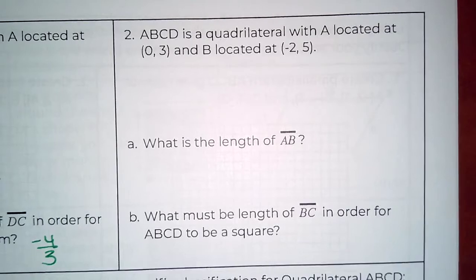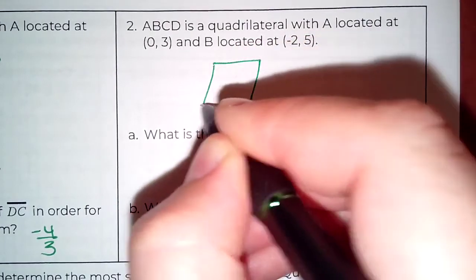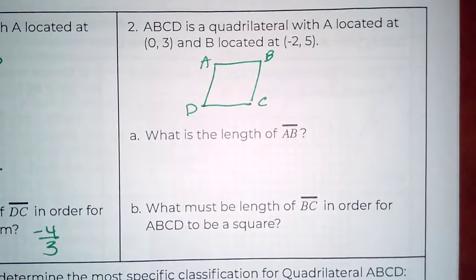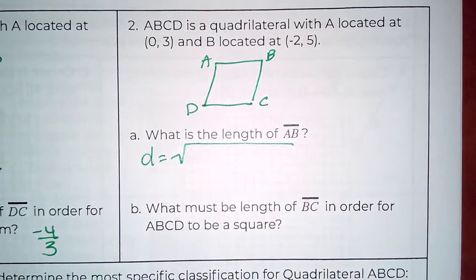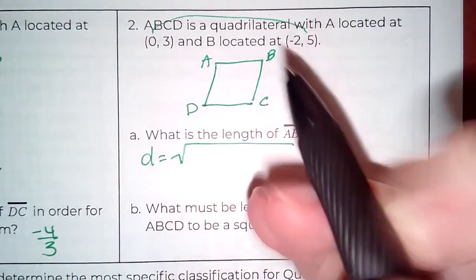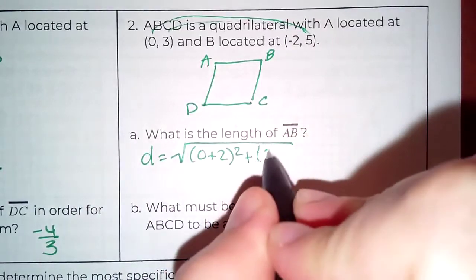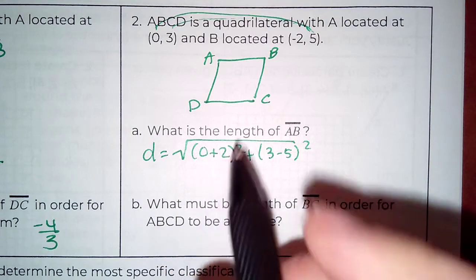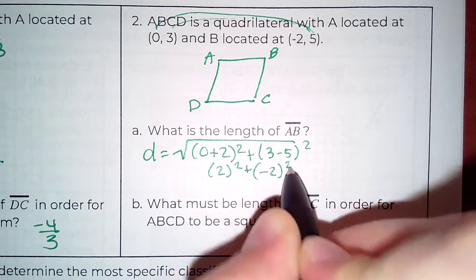Number 2, if ABCD is a quadrilateral, A is located at 0, 3, B is located at -2, 5. So again, sketch it. A, B, C, D. Find the length of AB. So distance formula, length of AB. So 0 minus -2, so 0 plus 2 squared plus 3 minus 5 squared. 0 plus 2, so 2 squared, plus 3 minus 5, so -2 squared.